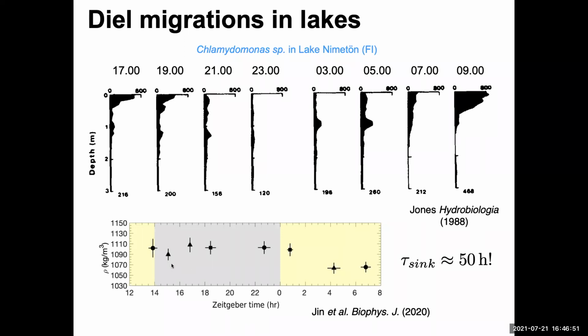And also I can show here the density of the cells that D measured, which was found to be higher during the night than during the day. But maybe not enough to explain the variation of sinking.